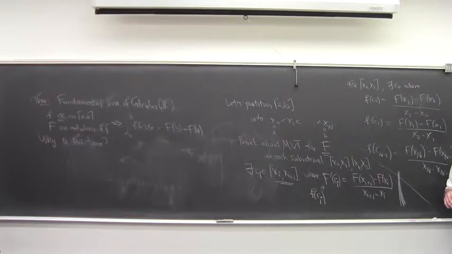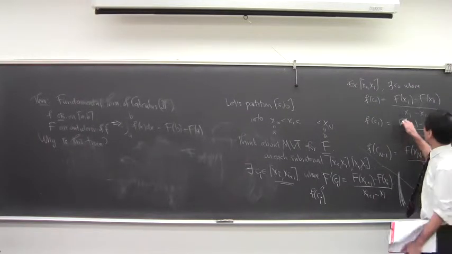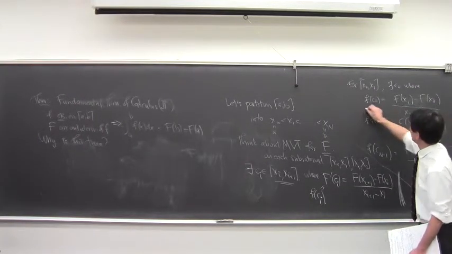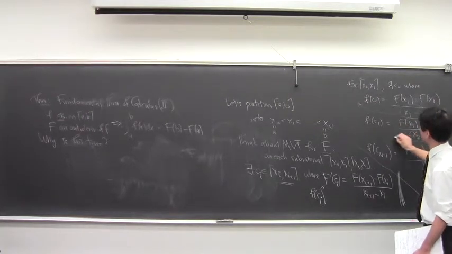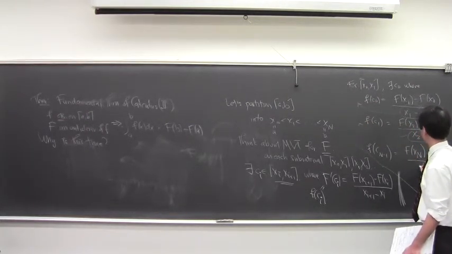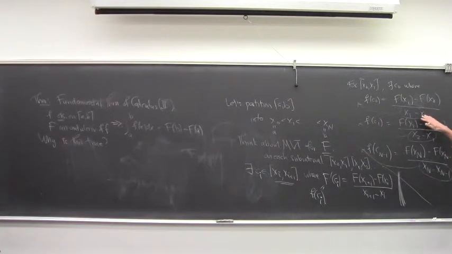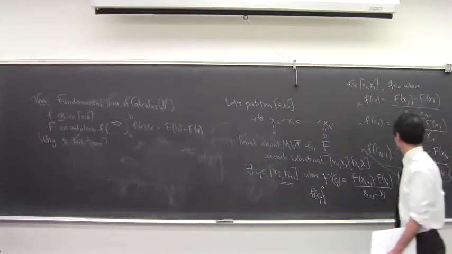Any other questions? Okay, so at this point, I'm going to multiply both sides by this denominator, multiply everything by the denominator here. I'm going to get f(x_1) minus f(x_0) equals blah, f(x_2) minus f(x_1) equals blah, and so on. You can do that, that's legal.